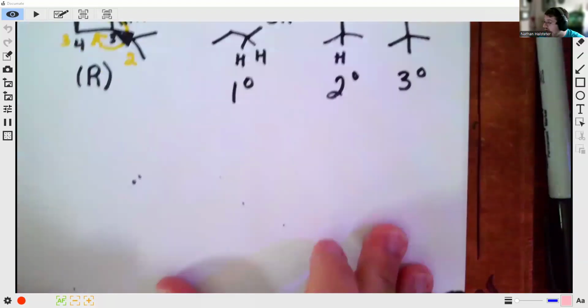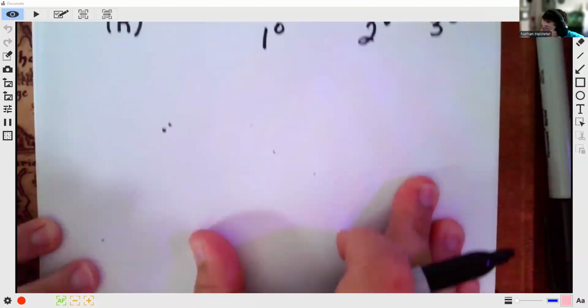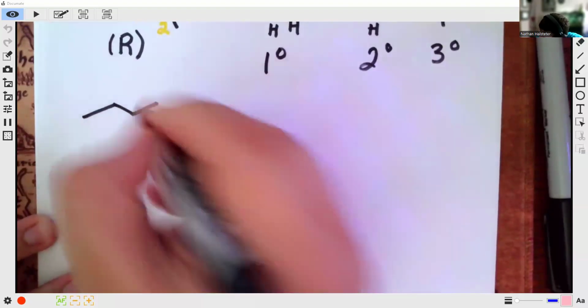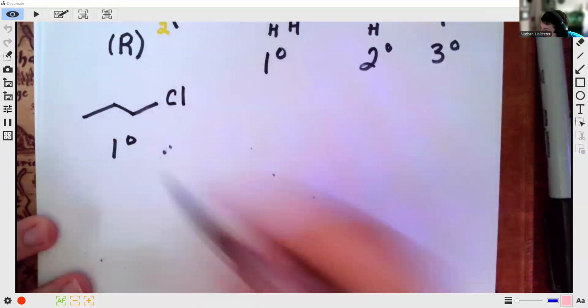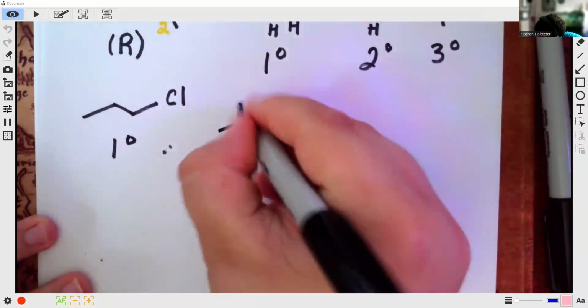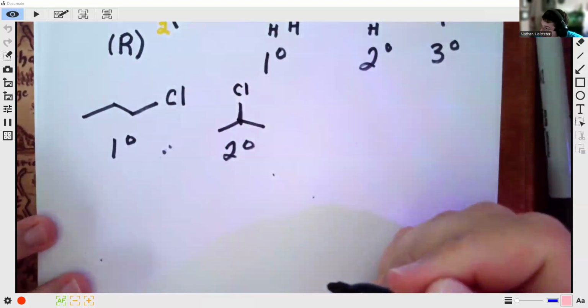So it shouldn't be surprising that alongside the alcohol functional group, the halide functional group can also be primary, secondary, or tertiary. So if we have a chlorine here, this would be a primary alkyl chloride. This one here would be a secondary alkyl chloride.